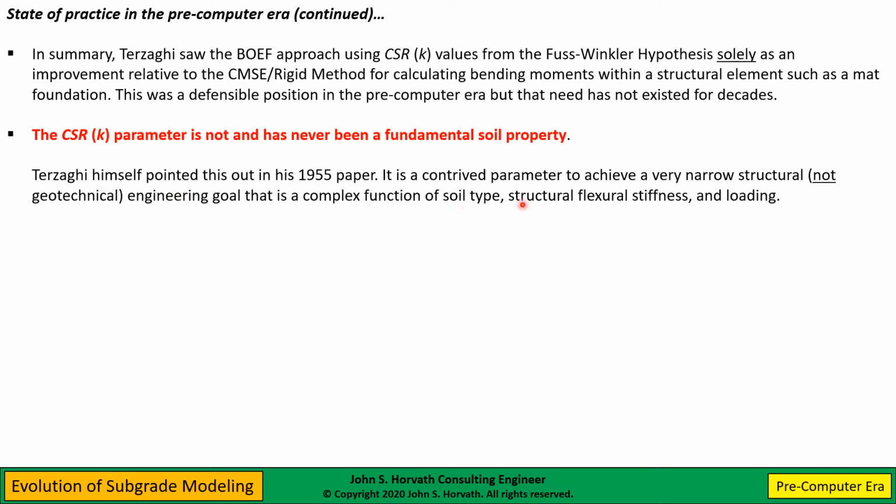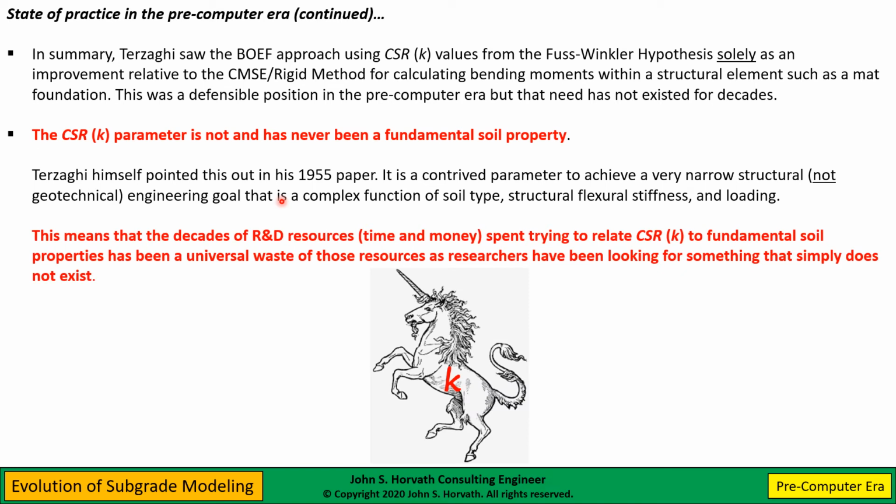That's a function of soil type, flexural stiffness, and loading. And again, the decades of resources that have been spent trying to link this soil spring constant, if you will, to fundamental soil properties has been the biggest unicorn I've ever seen in 48 years of geotechnical engineering practice and teaching.